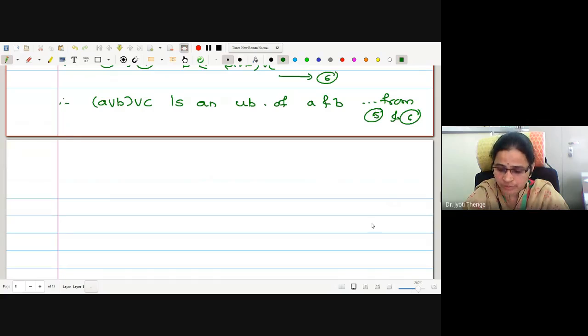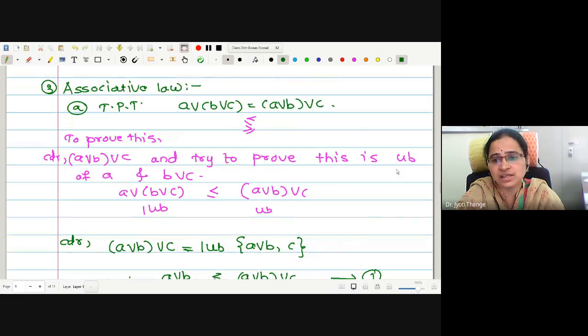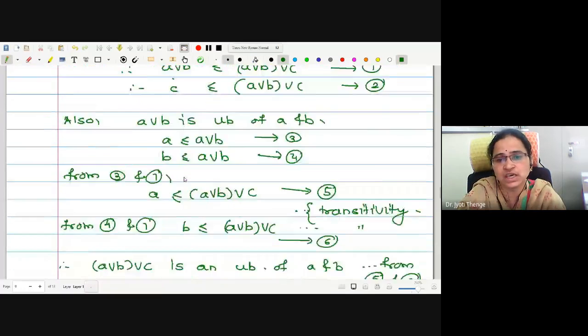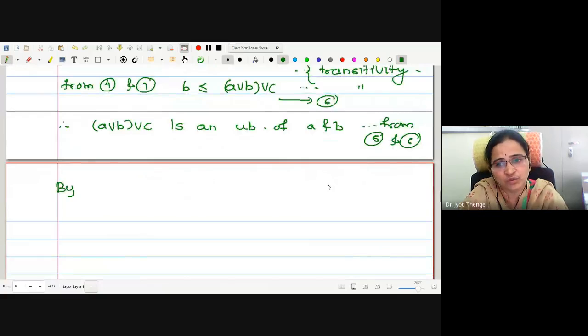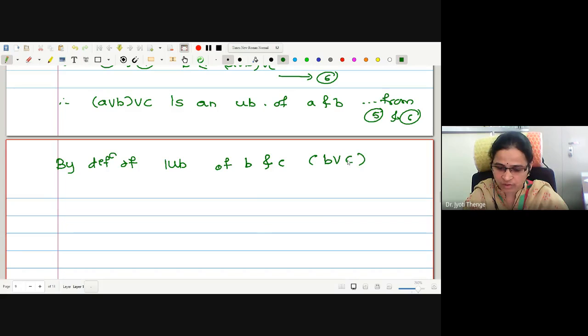Okay, now let me use the definition of least upper bound. Actually, our aim is to prove that this is the least upper bound of A and B join C. A and B we have done. Now we will try to involve B join C. Therefore, by the definition of LUB of B and C, that is B join C, what does the definition tell us?